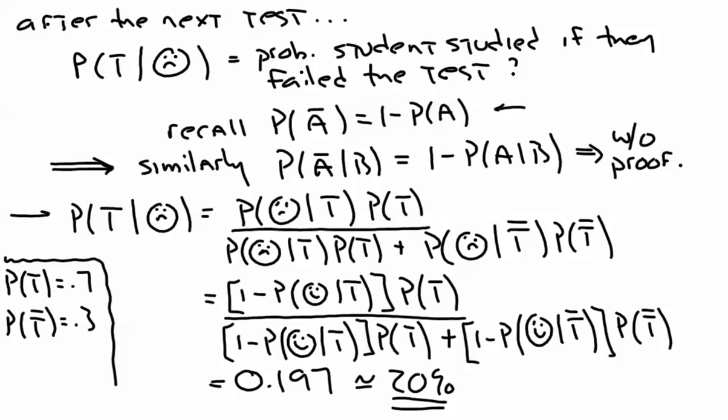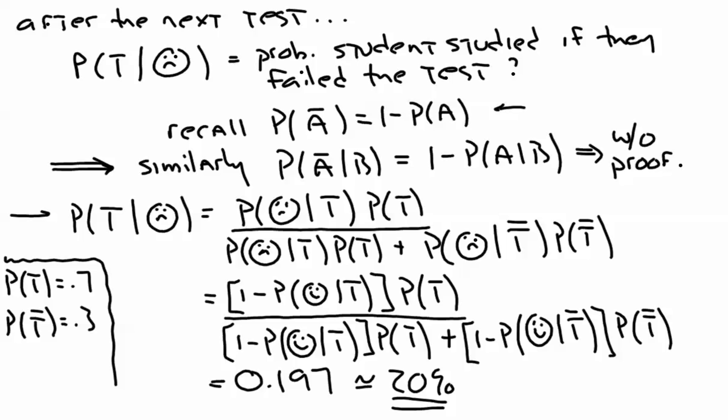All right. So, based on past observations that the professor has made, students have walked into the class and he's asked, did you study, did you not study? 70% of the times the students self-reported that they studied. Professors graded the tests and determined the likelihood of passing given that they've studied and given that they have not studied.